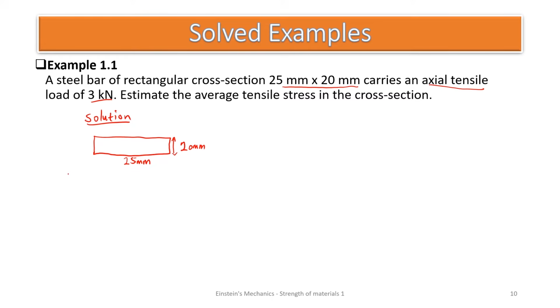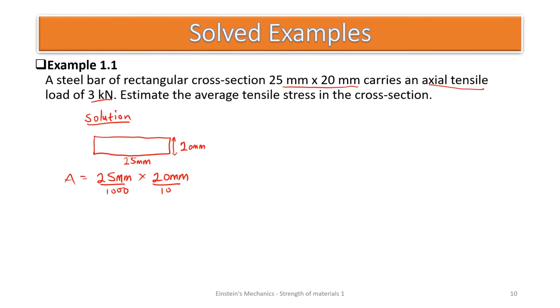So we have the area to be 25 millimeters by 20 millimeters. Converting this to meters, you divide by 1000.